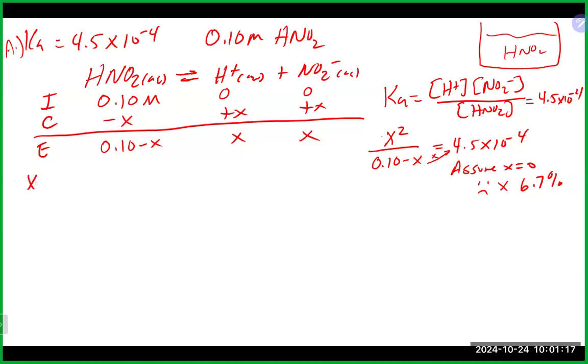So we're going to multiply this to the other side. That's going to give me x squared is equal to 4.5 times 10 to the minus 4 times (0.1 minus x), which is 0.000045 minus 4.5 times 10 to the minus 4 x.